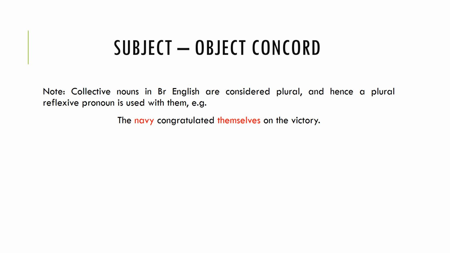For example, we say the Navy congratulated themselves on the victory. The Navy here is the collective noun, and we use a plural reflexive pronoun, themselves, to refer back to the subject. This is, of course, in British English, because British English considers collective nouns plural.